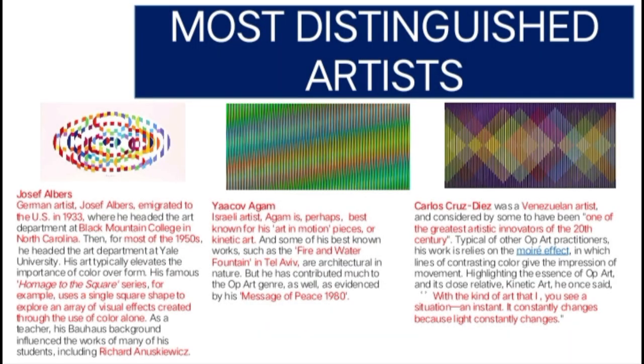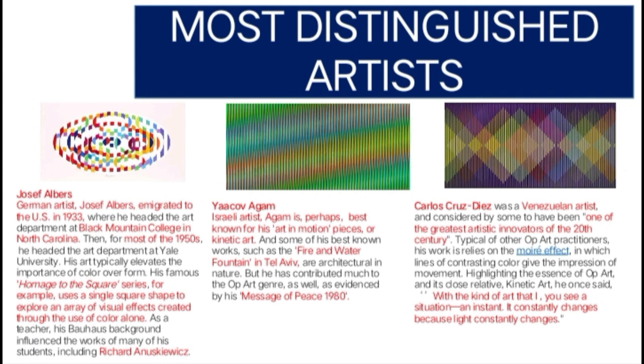Josef Albers. German artist Josef Albers immigrated to the U.S. in 1933, where he headed the art department of Black Mountain College in North Carolina. Then, for most of the 1950s, he headed the art department of Yale University. His art typically elevates the importance of color, as seen in his famous Homage to the Square series.